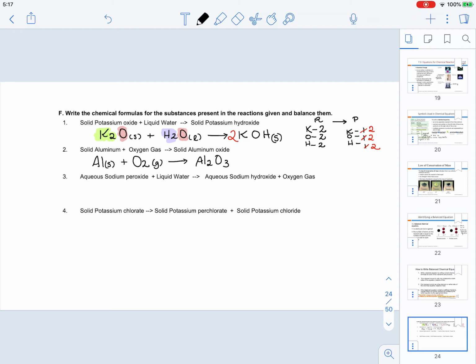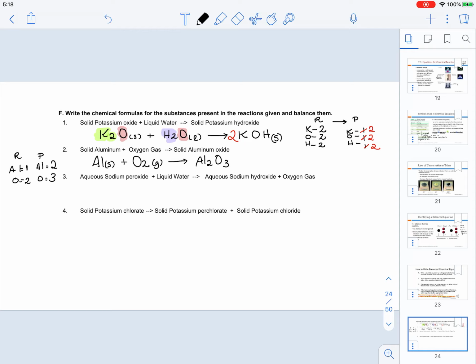So if we make the list of the atoms that we have, and I'm just going to do it to the left side of the slide, we have reactants, we have products, and in this one we only have aluminum and oxygen on both sides. We start with 1 aluminum, 2 oxygens. In the products, we have 2 aluminums, 3 oxygens.